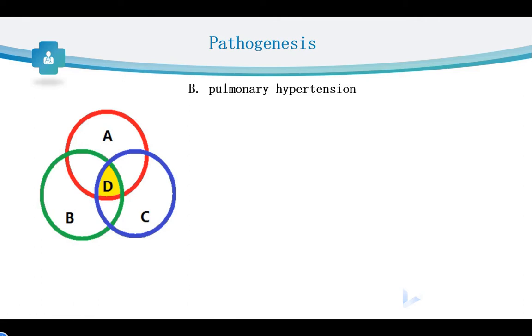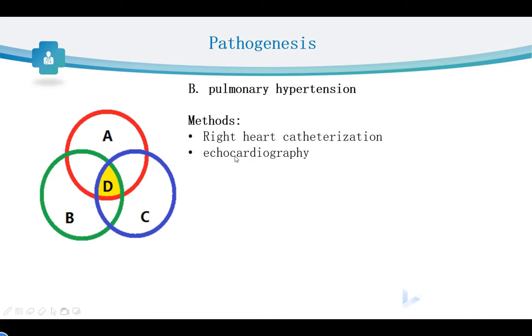How to confirm the pulmonary hypertension? We can do these two examinations for the patient to measure the pressures in the pulmonary artery. One is the right heart catheterization. Another one is the echocardiography.